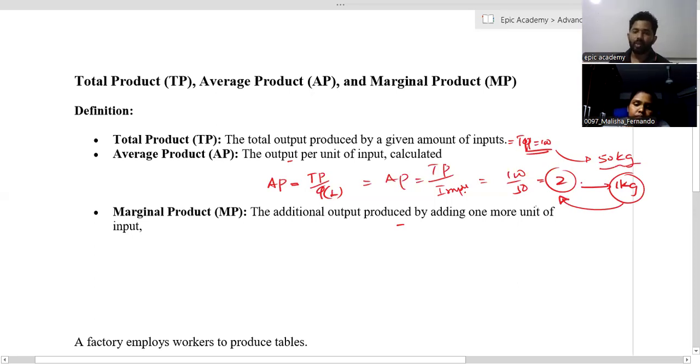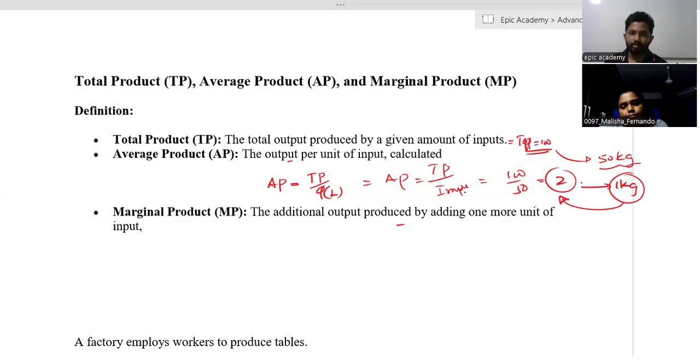That's the meaning of average production. That means the output per unit of input, isn't it? Yes, the output per unit of input. By using 1 kilogram of flour, you can produce only 2 breads.